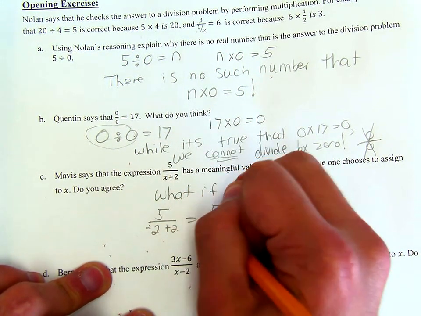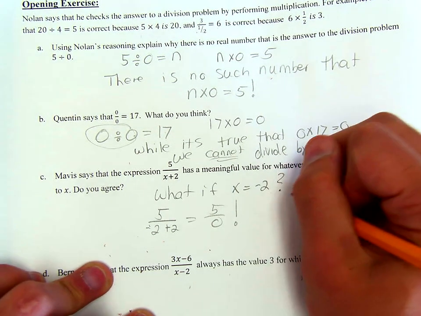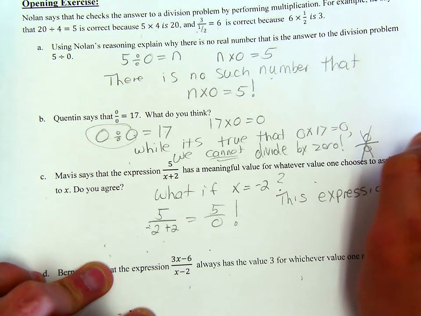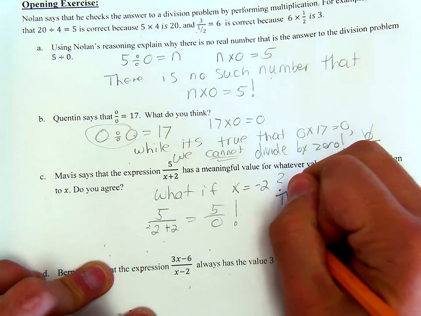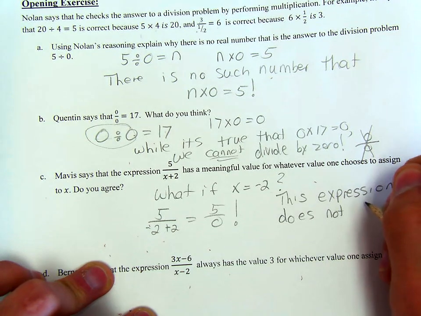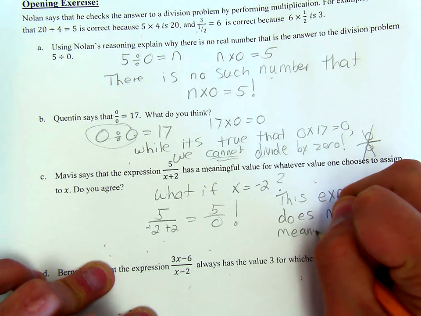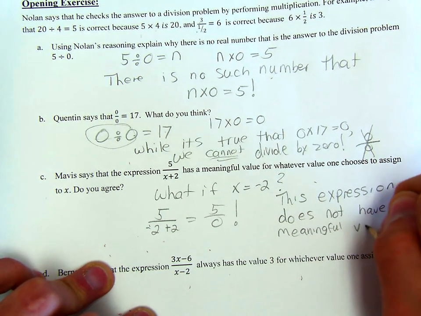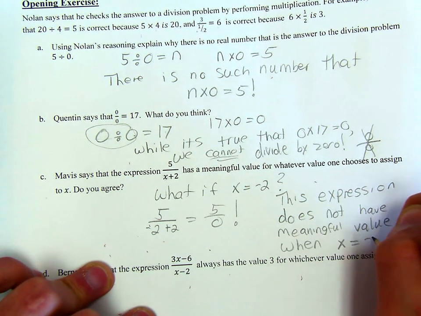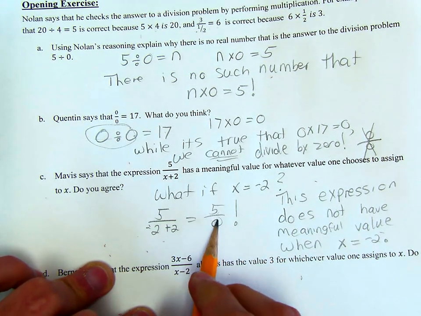So, this expression does not have meaningful value when x is equal to negative 2. Because when x is equal to negative 2, we have 5 divided by 0, and we can't do that. Okay? So let's move on to the next one.